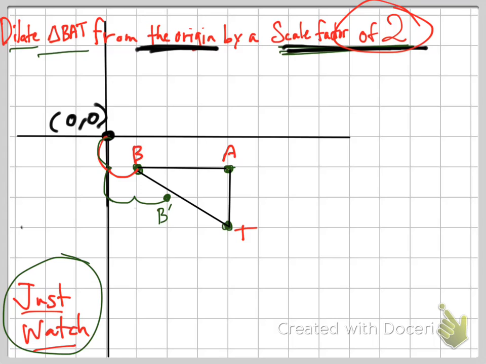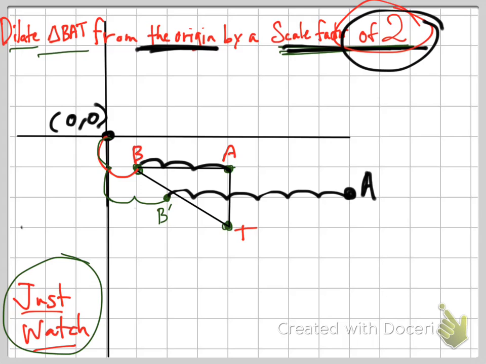Alright, so we found B, and notice to find A is 3 away from B, but we know B prime is right here, so we got to go 1, 2, 3 away, 1, 2, 3 away, which means it's 2 times bigger.